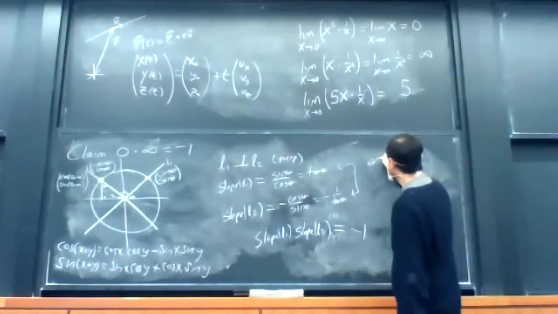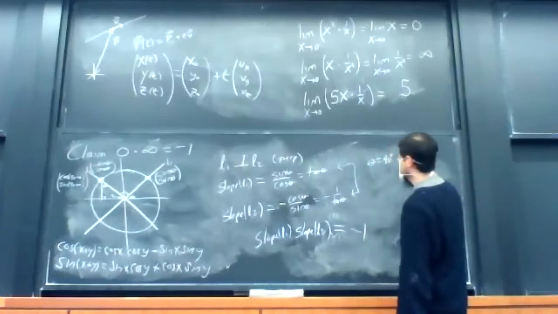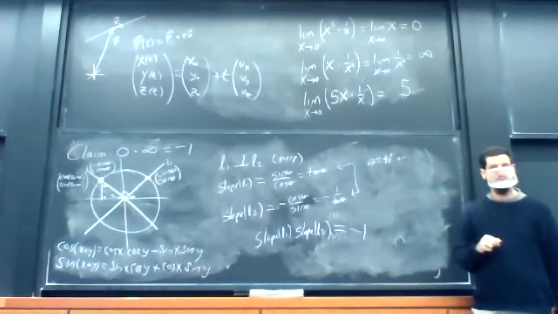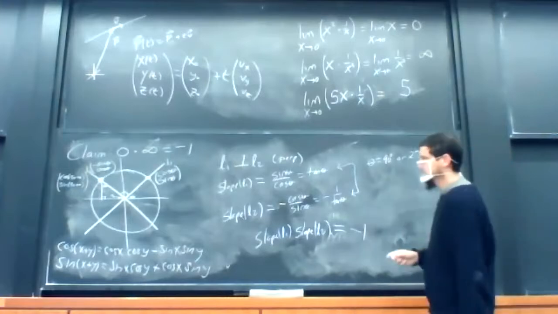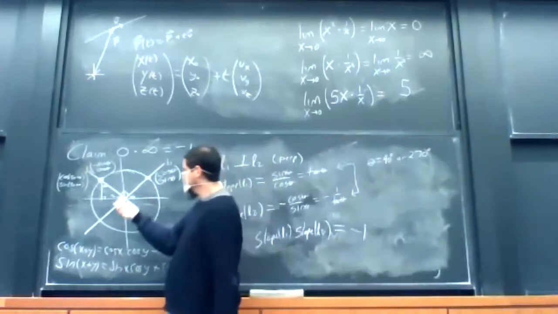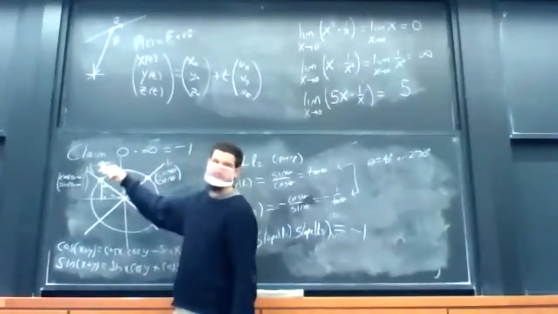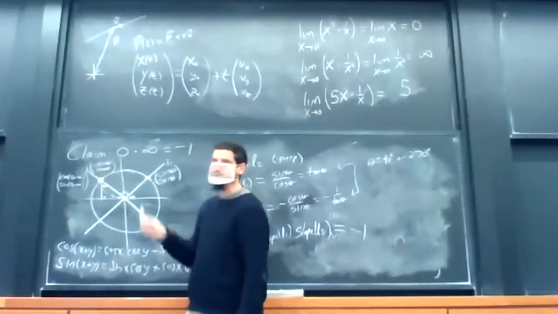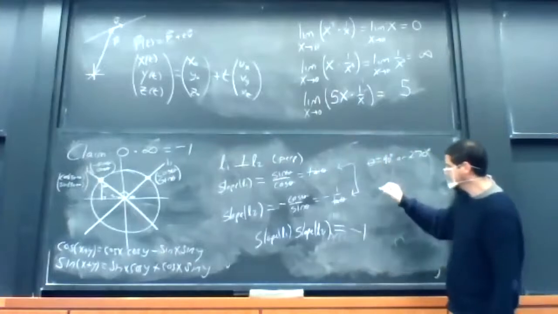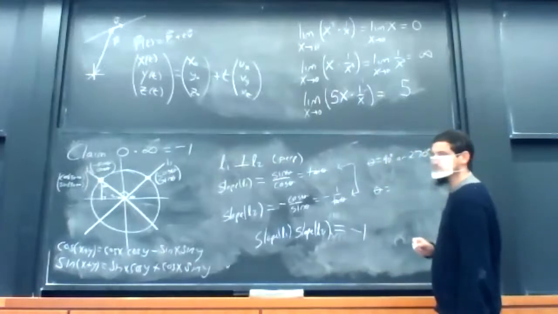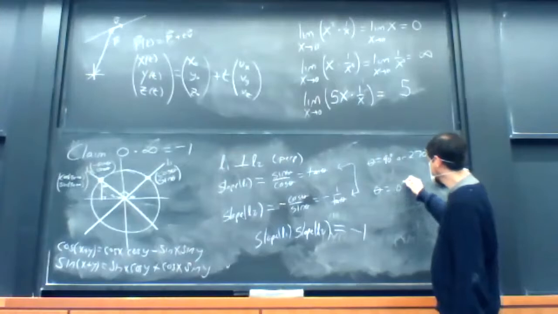So theta equals 90 degrees or what else? 3 pi over 2 or 270 degrees. But of course, we might as well assume that our point is in the upper half, because if I have a line, I can always choose the upper half. So I'm worried if theta is 90 degrees. Over here, we're worried that theta is equal to what? 0 degrees or 180 degrees.